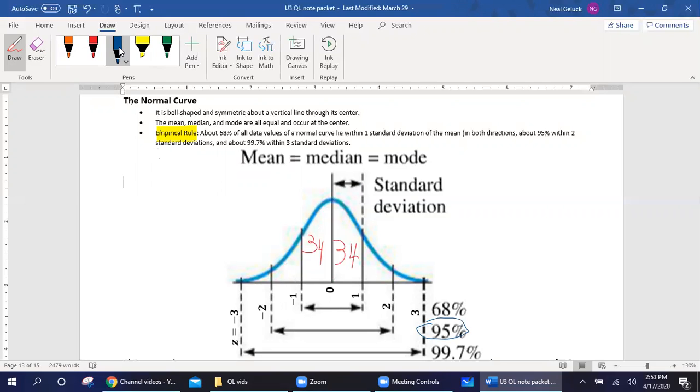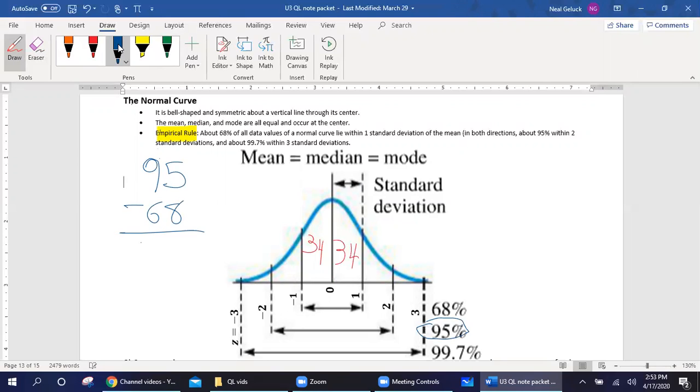Now let's figure out what we're going to do here, though, to figure out what these little chunks are, this little slice here and this little slice here. I know they're the same, they look the same, but what the heck are they individually? Well, yes, this is 95%, but that 95% includes that 68% that was on the inside. So the first thing I'm gonna have to do is 95% minus 68%.